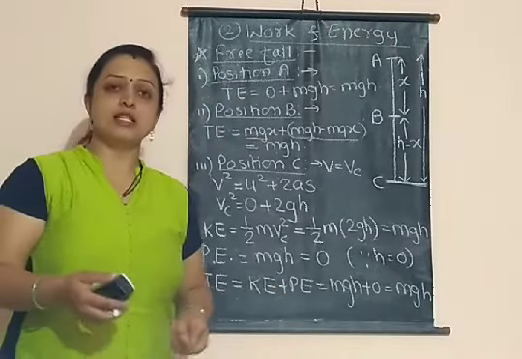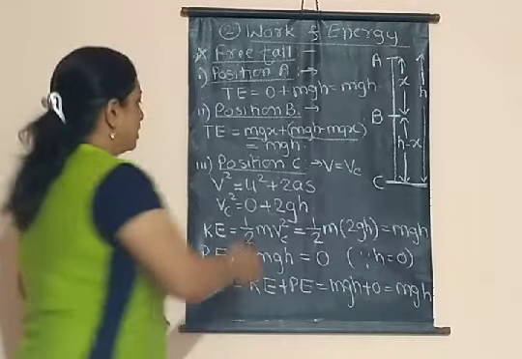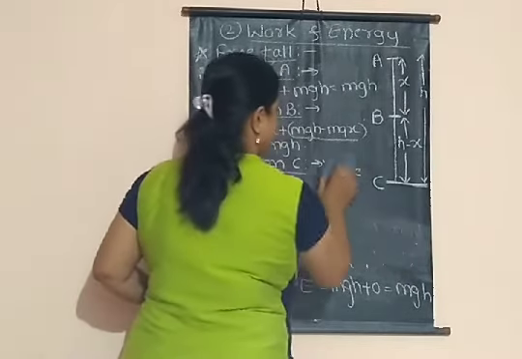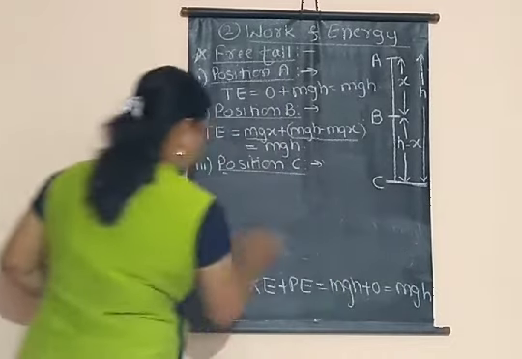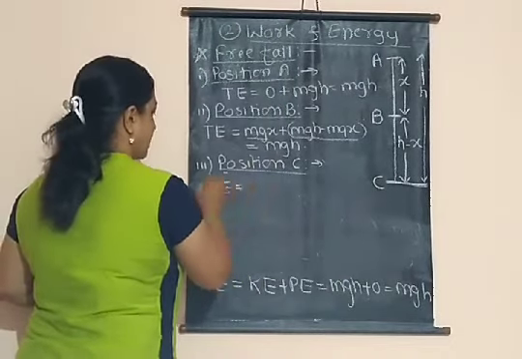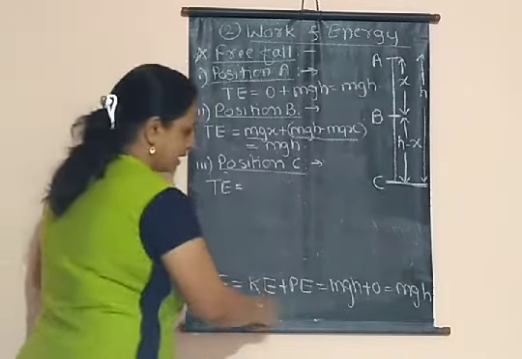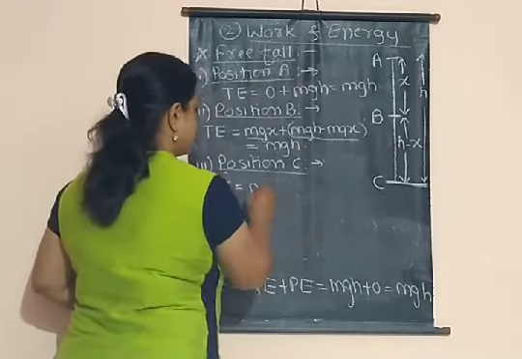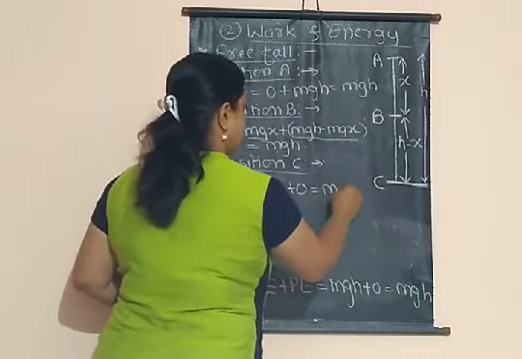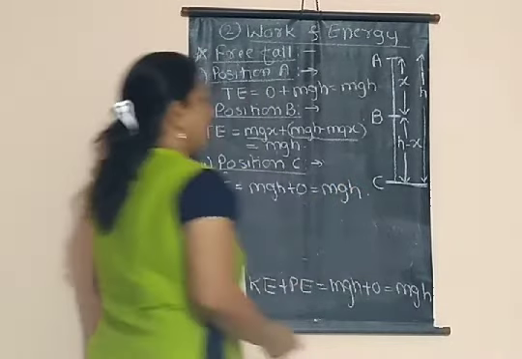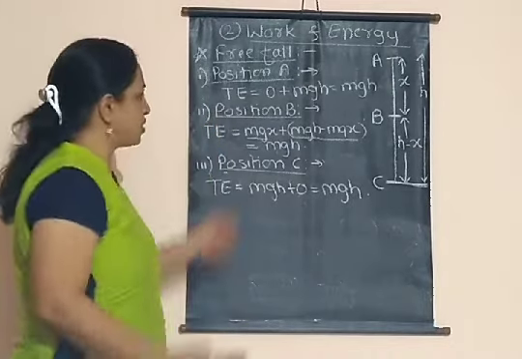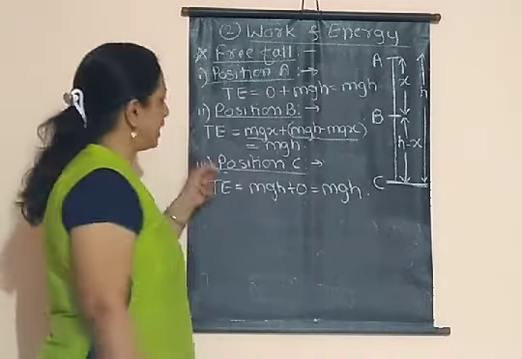That will be the same, that is mgh. Now let us write all these formulas here. So at position C, the total energy, that is kinetic plus potential, means mgh plus 0, and that is equal to mgh.